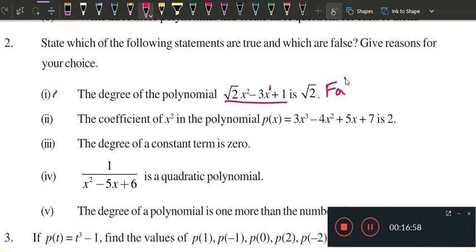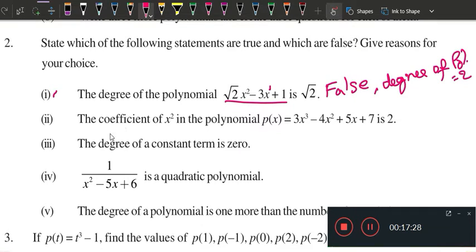Reason: the degree of the polynomial is equal to 2. Okay children.